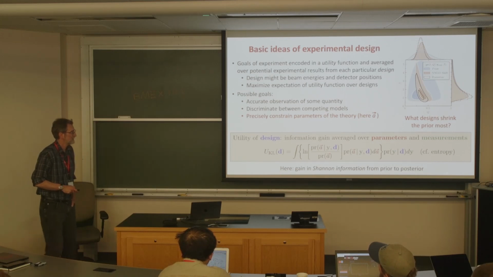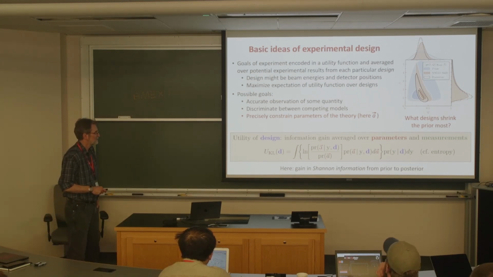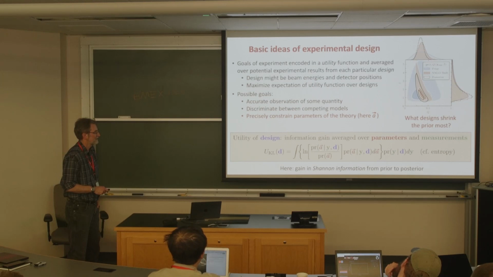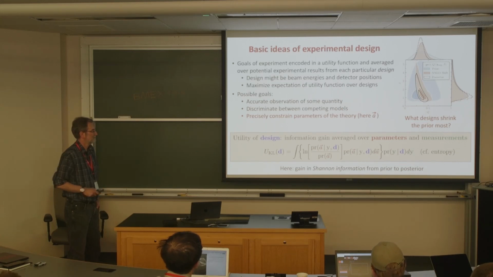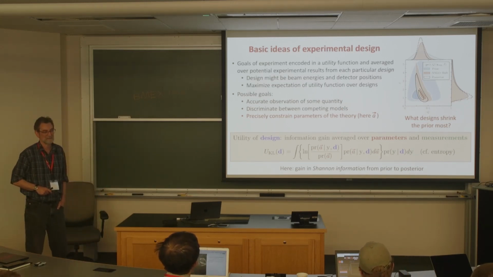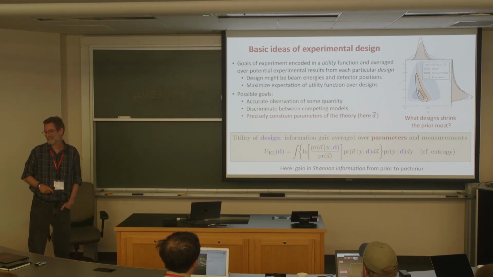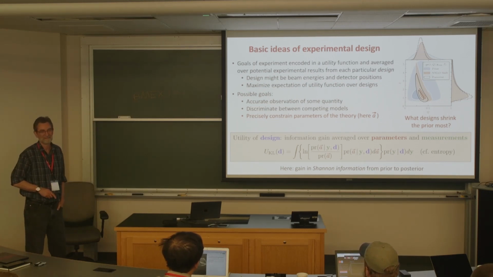So what are we integrating over here? Okay, so in this one, the A's are the parameters. So notice we're integrating over those, and we're integrating over all possible outcomes of our experiment. So we're integrating over a lot of things. If we really have to do that by sampling, that's a really good motivation for having emulators.